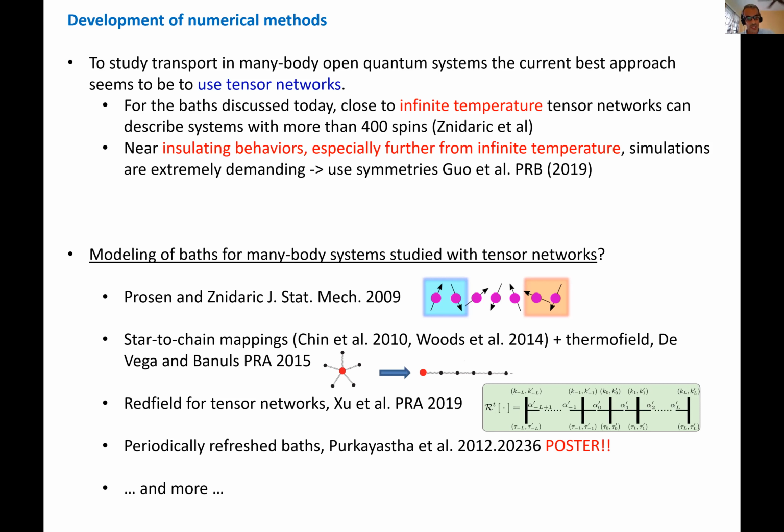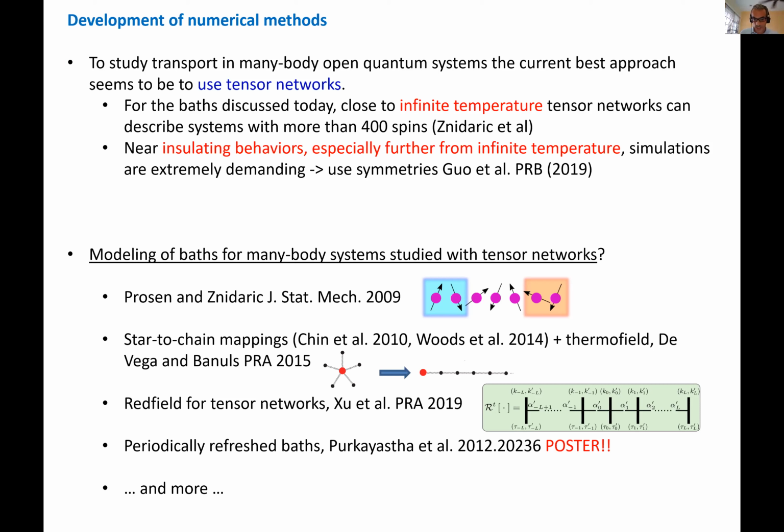And there has been work also to translate Redfield master equations for matrix product states. This was work done in collaboration with one of the organizers here, Joseph Tindall, and it's also quite interesting. He was able to study many body systems with Redfield up to 20 or more spins, which was not done before.